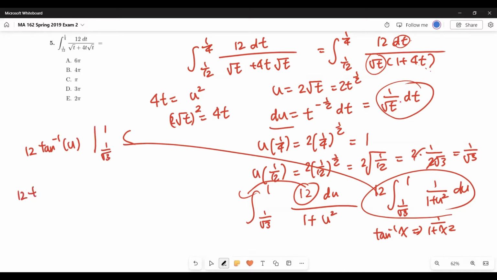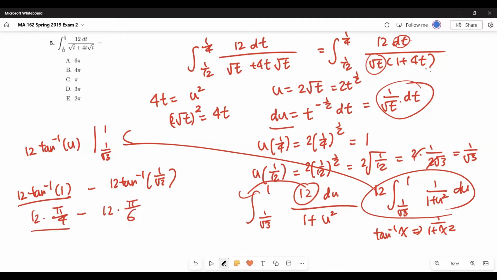Okay, 12 tangent inverse of 1 minus 12 tangent inverse of 1 over square root of 3. This just becomes 12 times pi over 4, and this just becomes 12 times pi over 6, sorry, I forgot to write 12. So this becomes 3 pi, and this becomes 2 pi, so this just becomes pi. So the answer for this question is C.